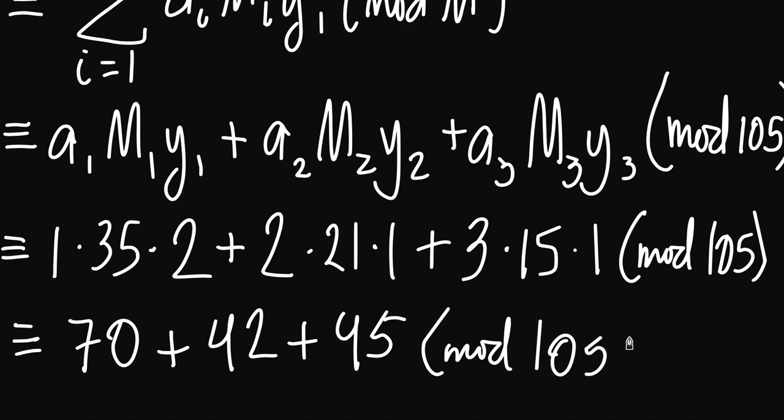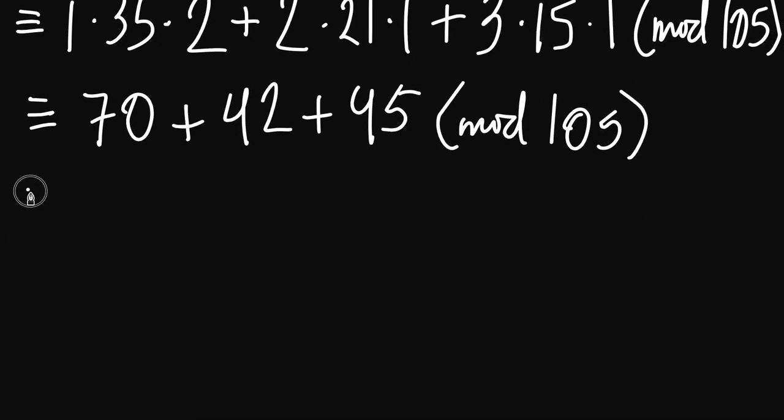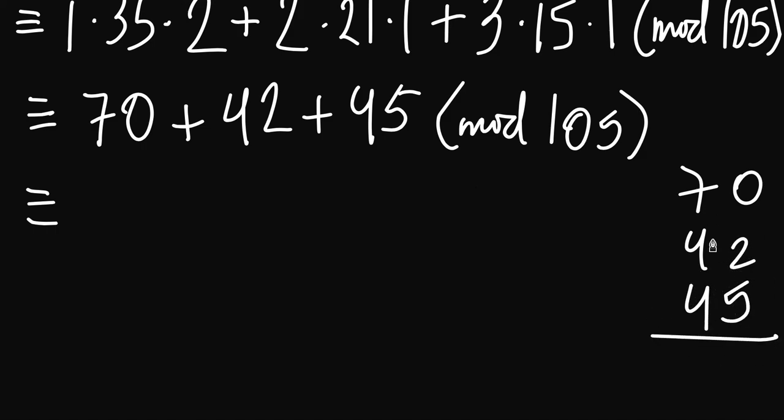So this is arithmetic right now. So this is congruent to 70 plus 42 plus 45. This is going to give us what? 157. So 157, we divide by 105, and the remainder is ours.